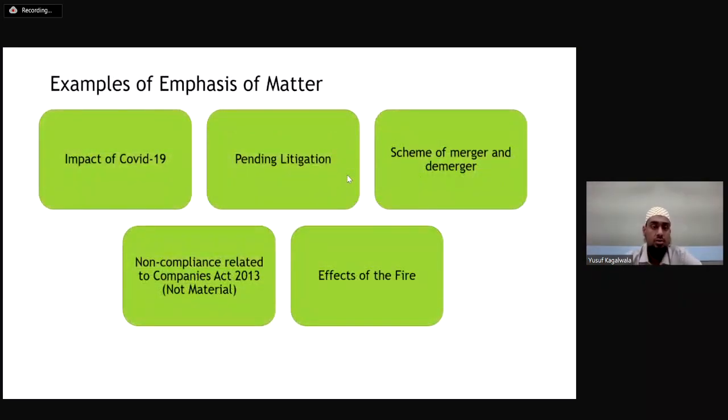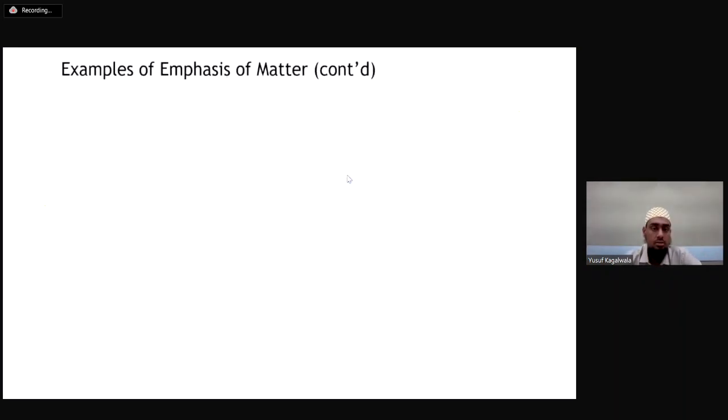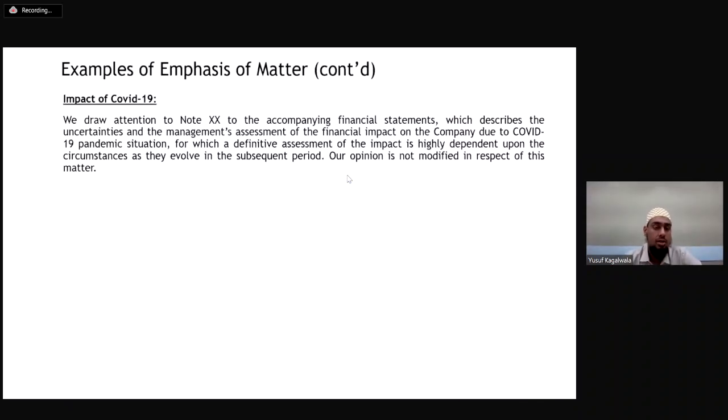As examples of emphasis of matter, we can take the impact of COVID in the last 2 years. Quite a lot of auditors have started giving an EUM on COVID. So they are drawing attention to the financial statements and describing the uncertainty with respect to COVID.